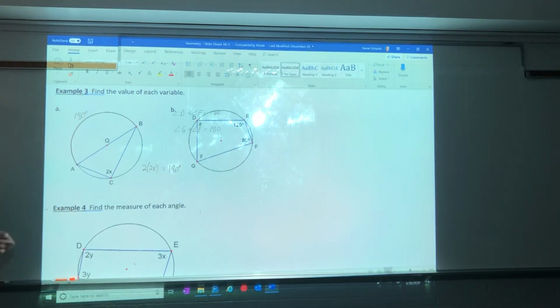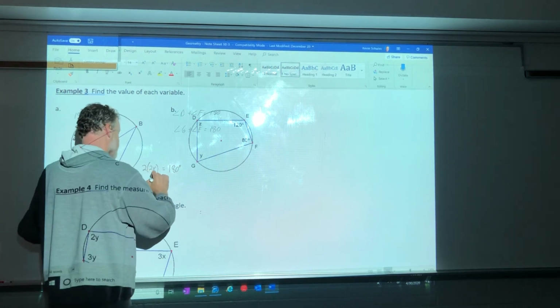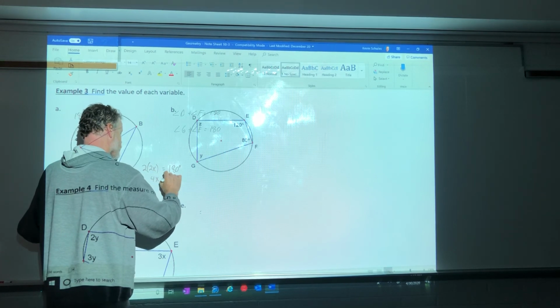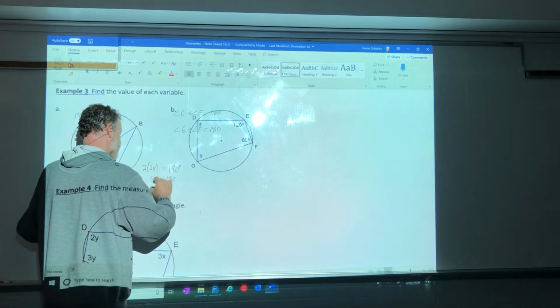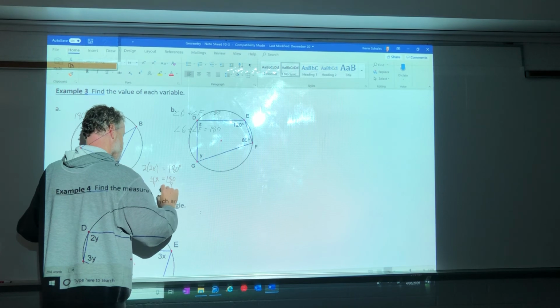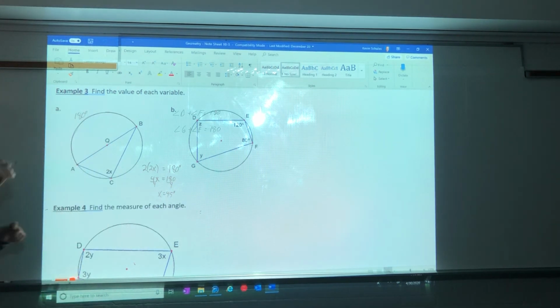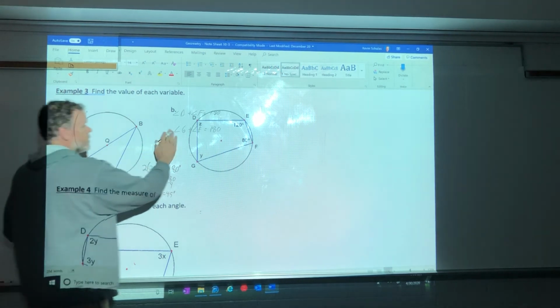And then we just do our due diligence for solving this equation. 2 times 2x is going to give us 4x equals 180. Divide by 4, divide by 4, x is going to equal 45 degrees.